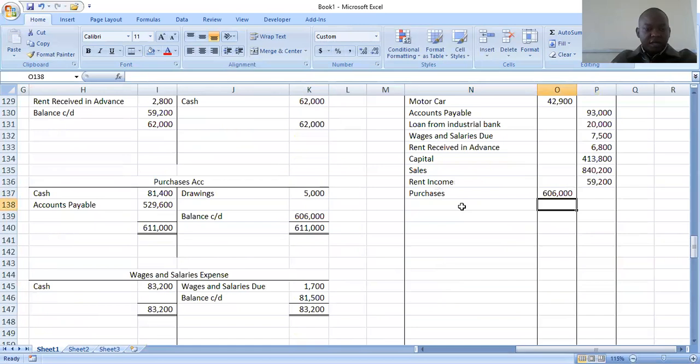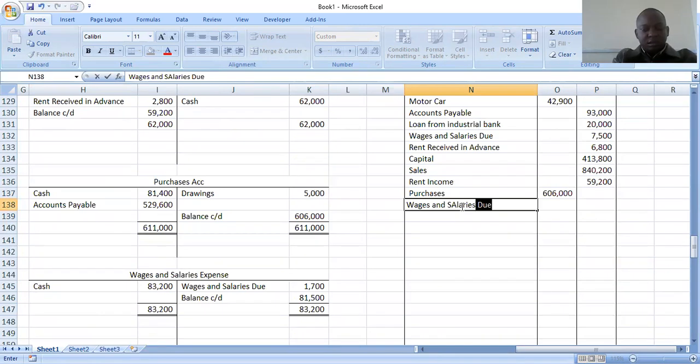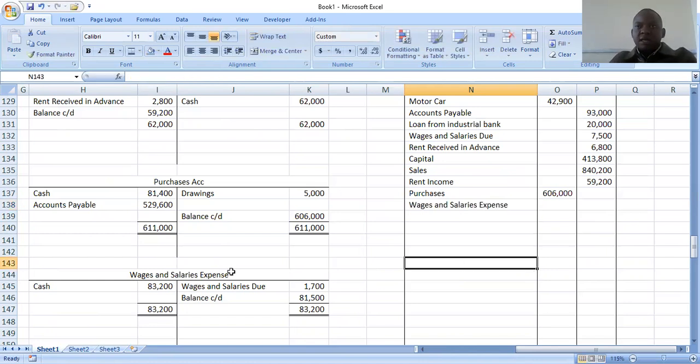Then we have wages and salaries expense. This is an expense. Expenses will always have a debit balance, so 15 is a debit.